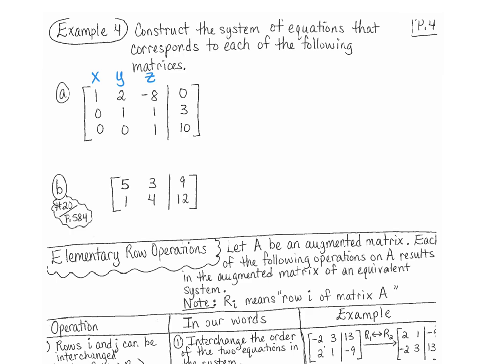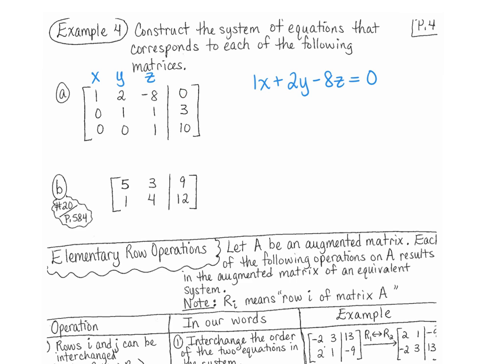So to interpret row 1 as an equation, that is 1x plus 2y. What's the next? Very good. Equals 0. So 1x plus 2y minus 8z equals 0.